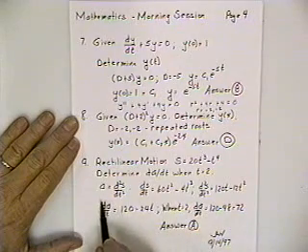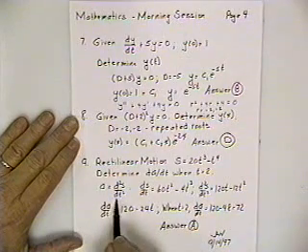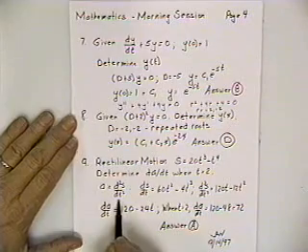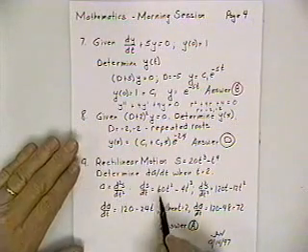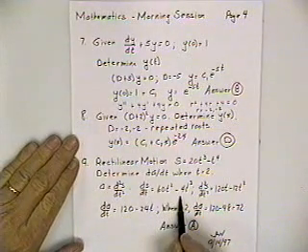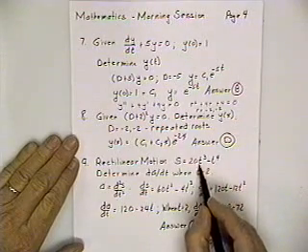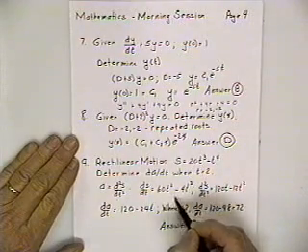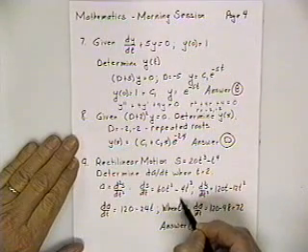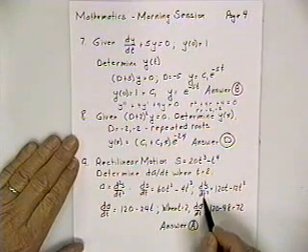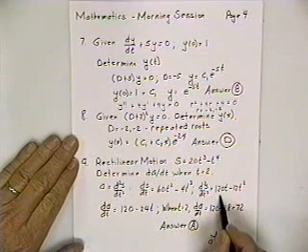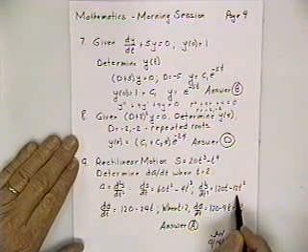Acceleration itself is the second derivative. So we have to differentiate once to get ds/dt, and that's 60 times t squared minus 4t cubed. The second derivative is 120t minus 12t squared.